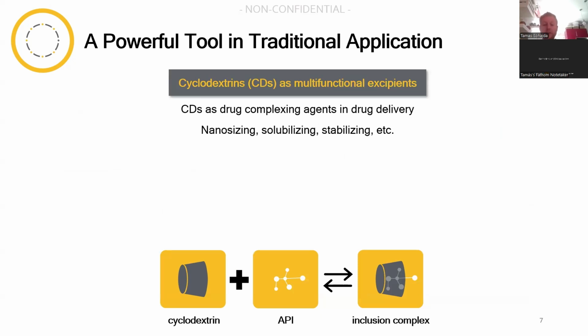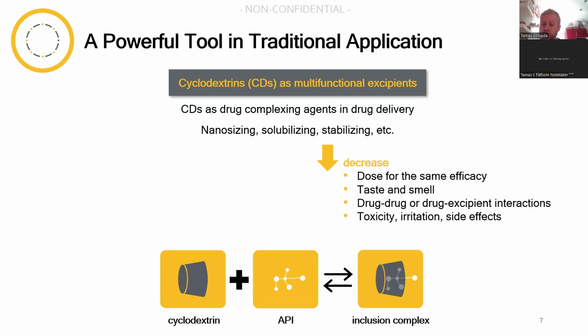So how does this complexation happen? It's a thermodynamic interaction. The active ingredient doesn't really prefer the water because it's hydrophobic, but it prefers the cavity of the cyclodextrin, so it wants to enter. Once it enters, it's a nice and cozy environment, which it likes, and we are taking advantage of this complexation.